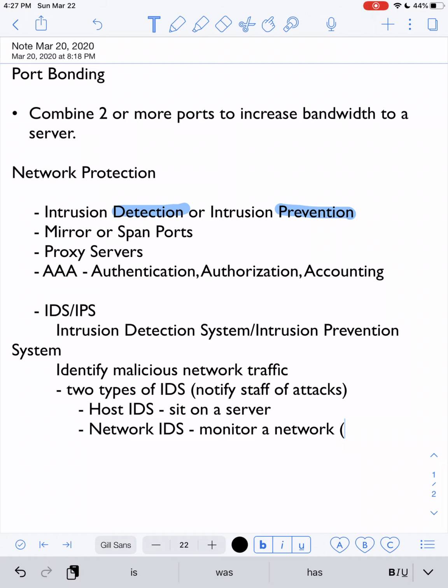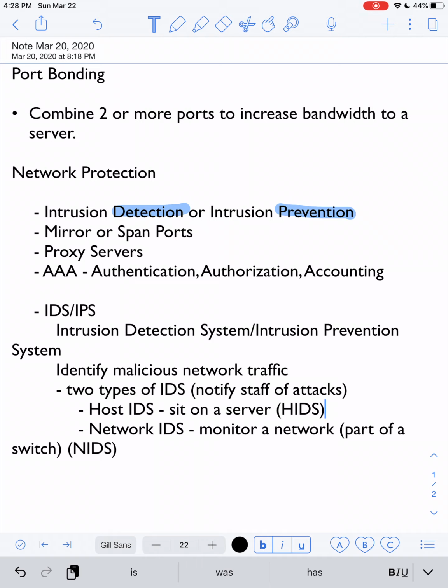And this is where you might have it as part of a switch. The abbreviations you have to get used to with this are NIDS and HIDS. So you'll see those abbreviations.